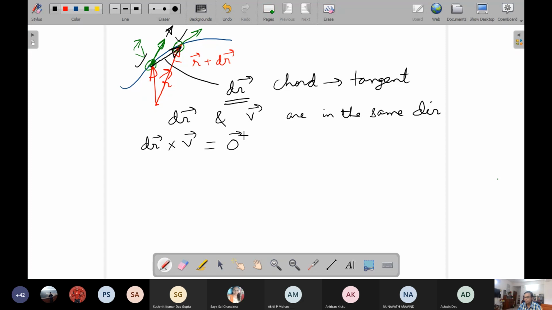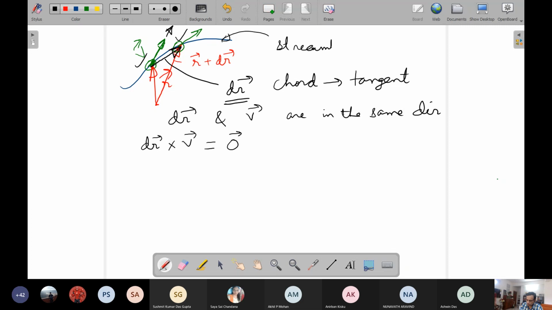Why is this cross product a null vector? Because they are 2 vectors in the same direction, so their cross product has to be a null vector. So this is the most fundamental way by which we can depict the streamline, which is here.